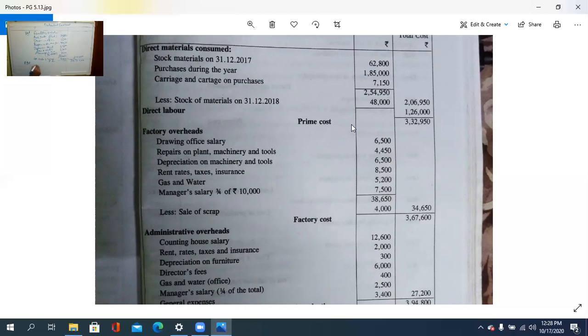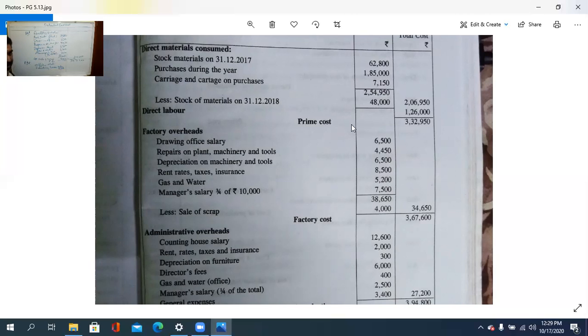And office overhead. What are the office related expenses that are to be added here? What are the office or administrative overheads? Counting house salary, how much is the amount? 12,600.